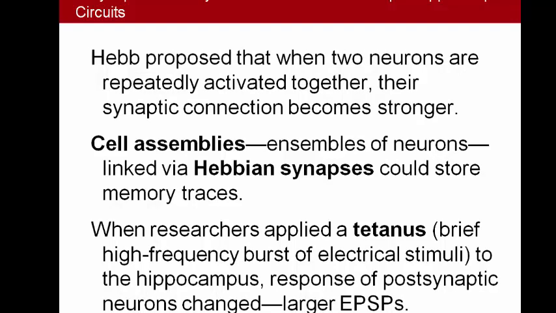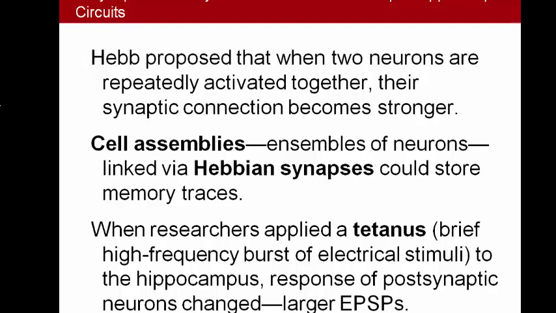Now, a little bit more about synaptic plasticity here, about ways that the synapses change when we have some type of learning experience. So you'll see that this talks about a researcher. His name was Donald Hebb. So when you see that this was about him, about Hebb's ideas, that's where we come up with the term Hebbian synapses. Okay.